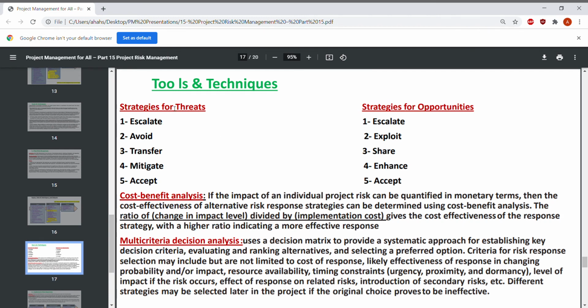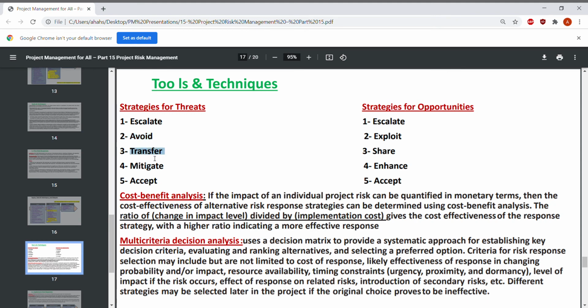So for the tools and techniques, the strategies for threats and strategies for opportunities. Strategies for threats: we may need to escalate the risk to higher management if we cannot deal with it, or if it is outside our authority, I mean the team and the project manager. Or we may deal with it and avoid the risk as a whole.